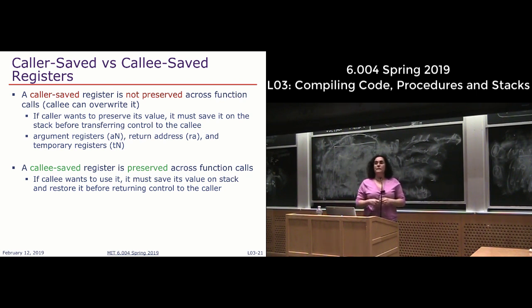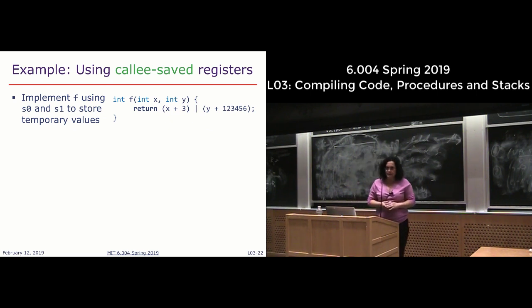So that means that within the procedure, if I'm going to make use of these S registers, I have to first save them onto the stack before I can modify their values, okay?